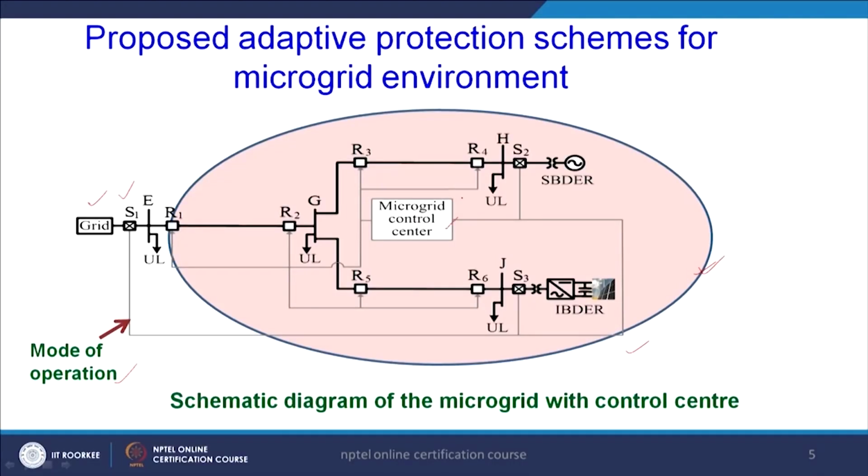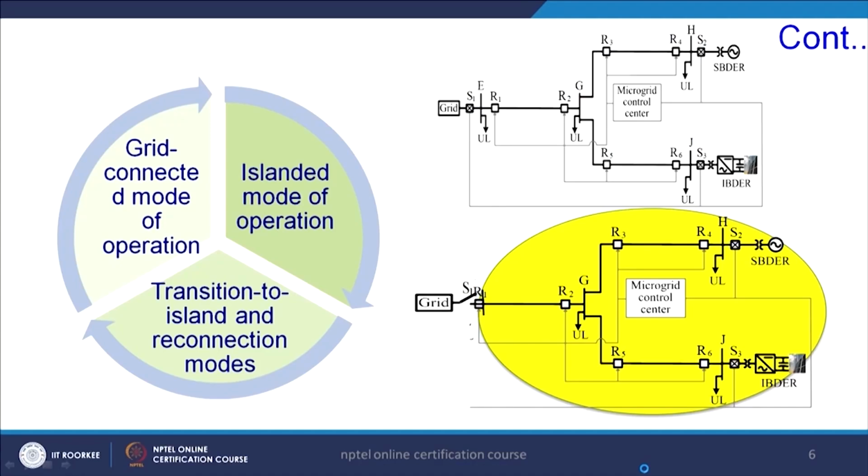This mode of operation information should be present at the microgrid control center, along with the relay information and the circuit breaker status information. As I discussed, we have different types of modes of operation: the grid connected mode, the islanded mode, and sometimes the transition to island and reconnection modes.